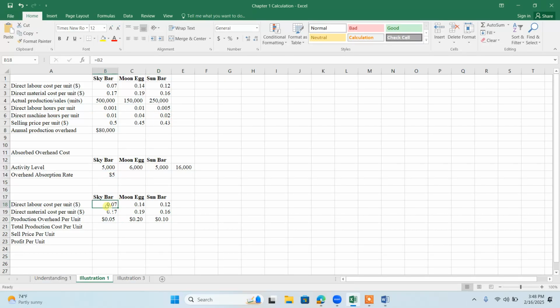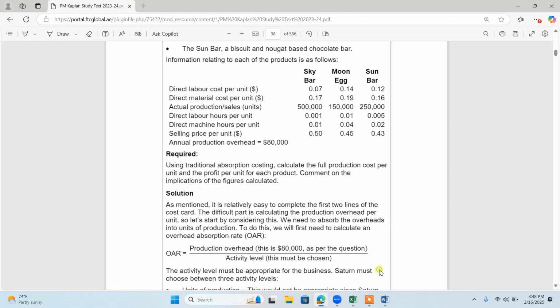Now we have calculated the direct material cost, direct labor cost, and overhead absorption cost for each unit. Now we can calculate the total cost per unit. Simply add all of these up and you will get the cost of production of each unit. I add it up. Now, my dear, if you check the requirement, what is the requirement?